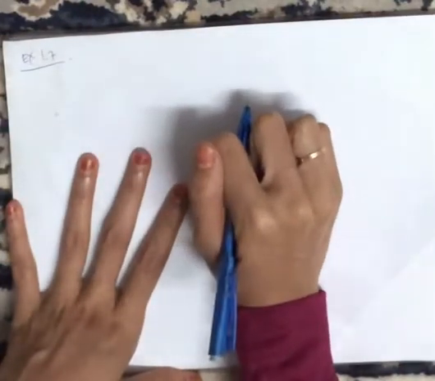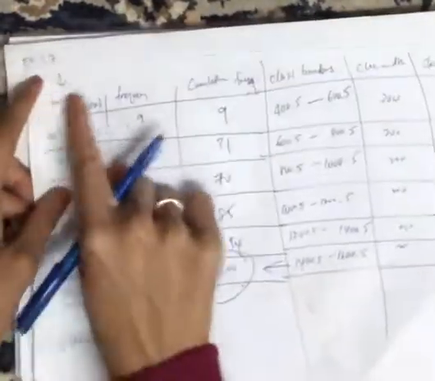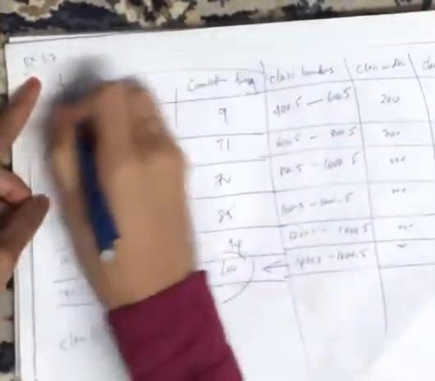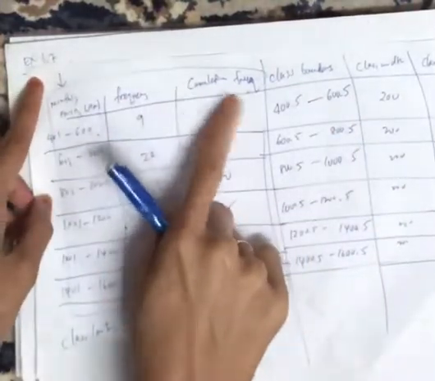So the question asks you, the first one, A, to construct a frequency distribution table. So frequency distribution table, this one. This is frequency, cumulative frequency.